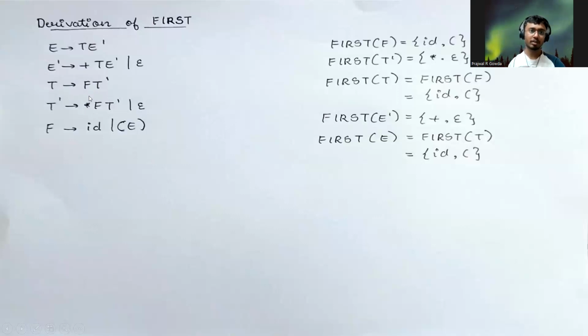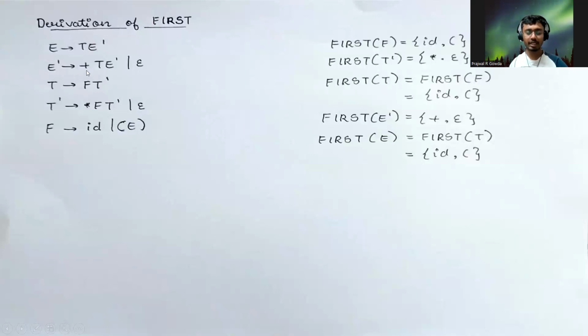According to the rule for first, if it starts with a non-terminal, then we consider the first of that non-terminal. So first of T is equal to first of F, which is ID, comma, opening parenthesis, as we derived in the earlier step.